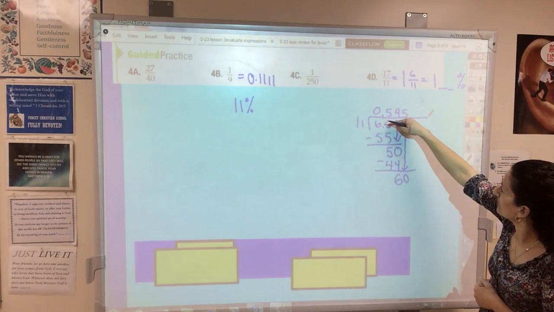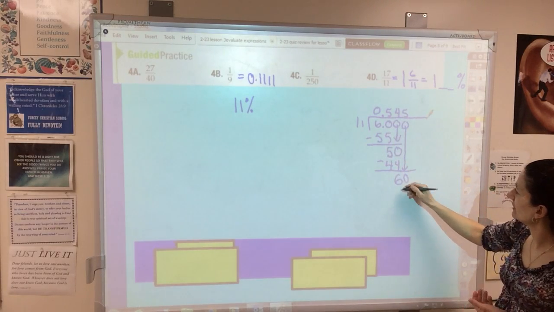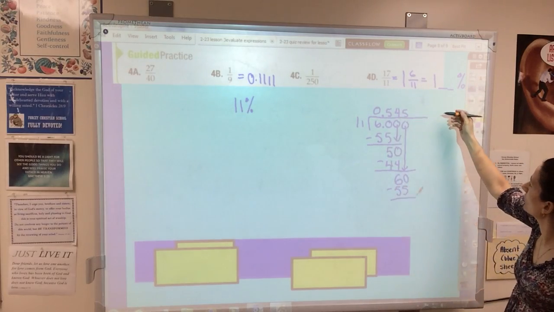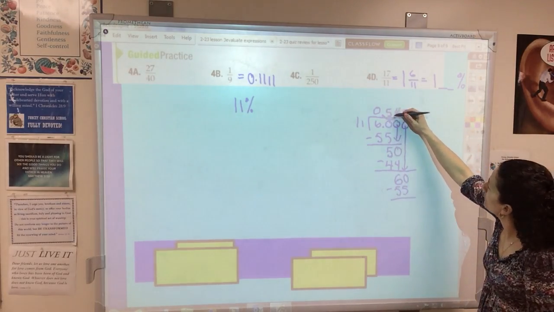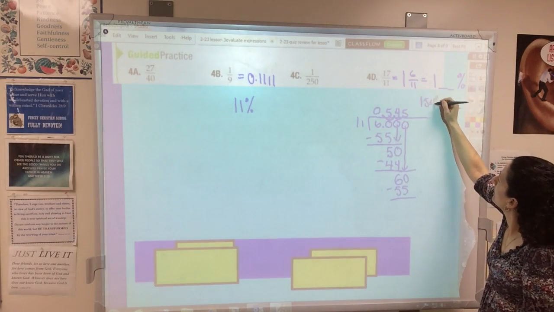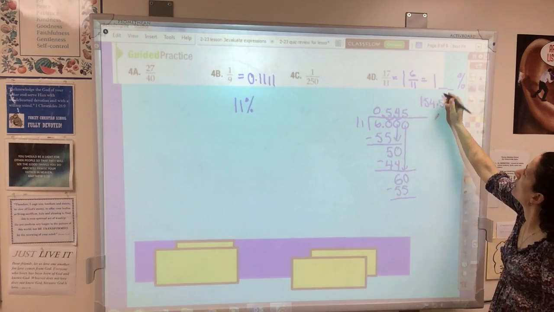All right, you see a pattern. 60, 55, 50, 44, 60. You guess the next number is going to be 55. So it's going to be 0.5454. So my decimal, if I move it 2 times, it'll be 154.5%, which would round to 155%.